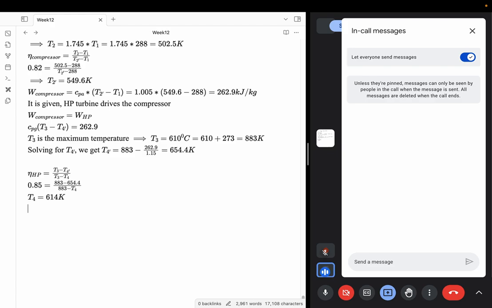Now once I know T4, we can directly use the isentropic process relation for 3 to 4. T3 by T4 is equal to P3 by P4 to the power gamma minus 1 by gamma.